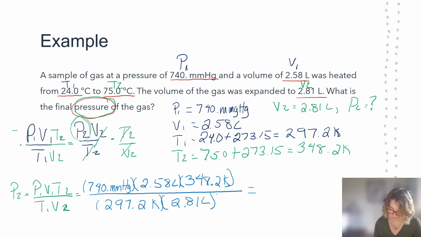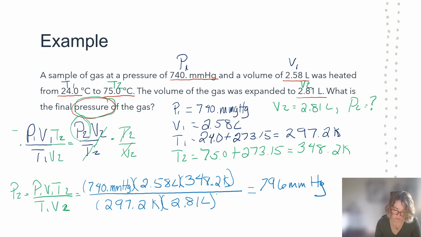Plugging everything in and accounting for significant figures, my final answer is 796 millimeters of mercury. I know that my final unit is in terms of millimeters of mercury.